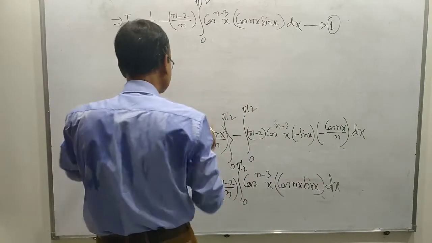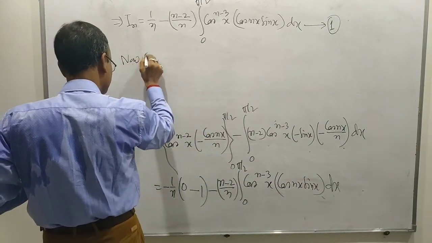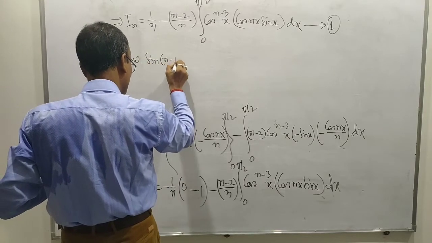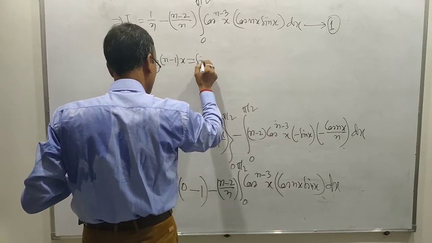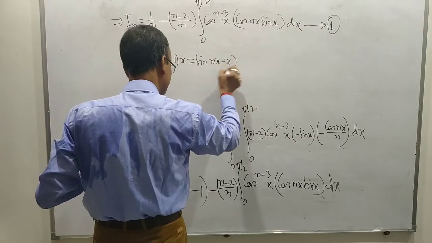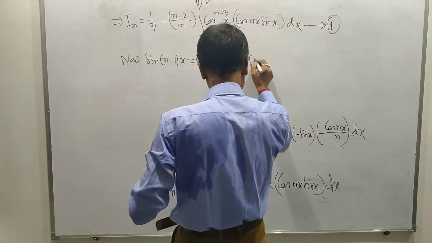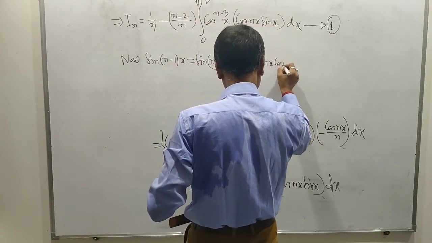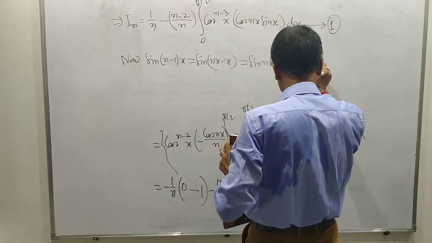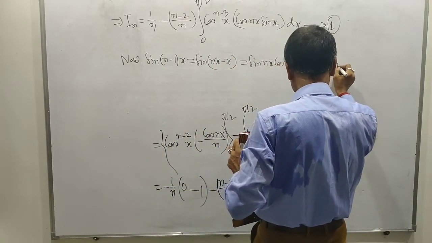Now, sin n minus 1 x will be equal to sin of nx minus x. This is equal to sin nx cos x minus cos nx sin x.